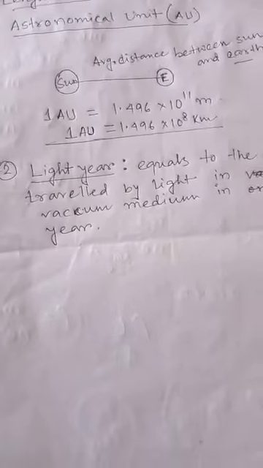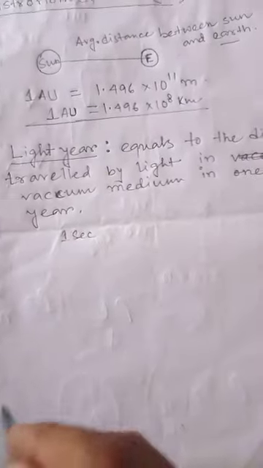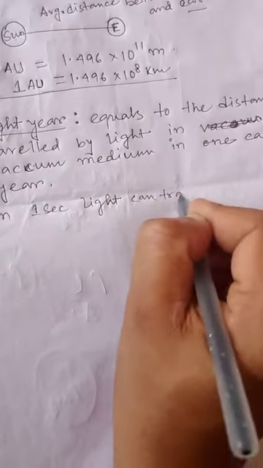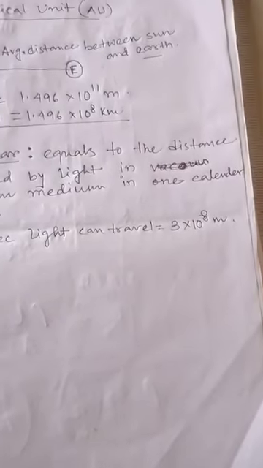Now we know that in 1 second light can travel 3 into 10 to the power 8 meter in vacuum medium.